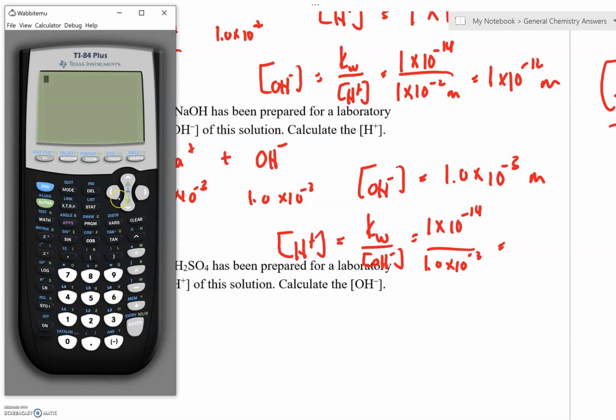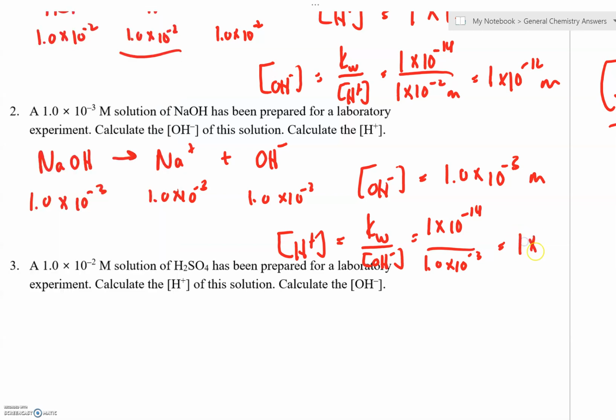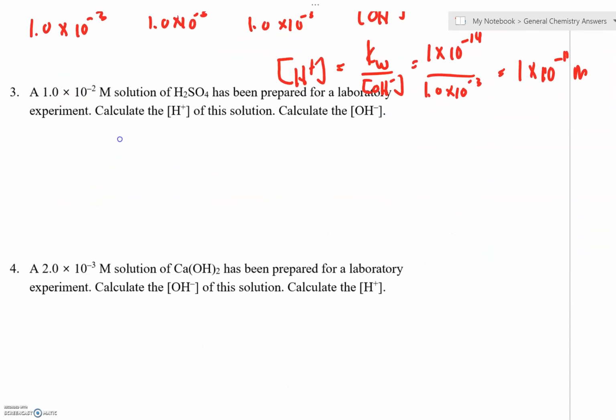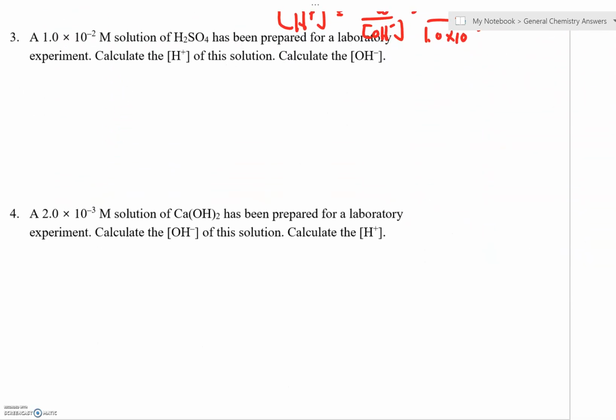So let's bang it into our calculator. 1 times 10 to the minus 14th divided by 1 times 10 to the negative 3rd, 1 times 10 to the minus 11th. That's our H plus concentration. Okay? All right, let's keep it rolling. Now you got the hang of it, right? Super easy.